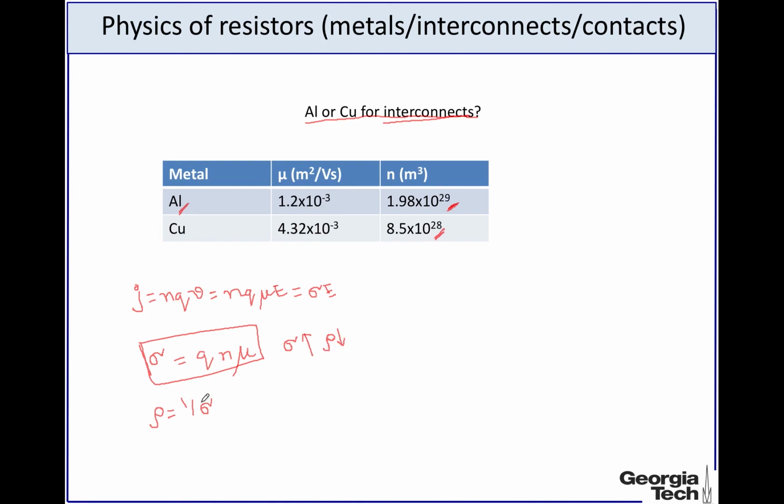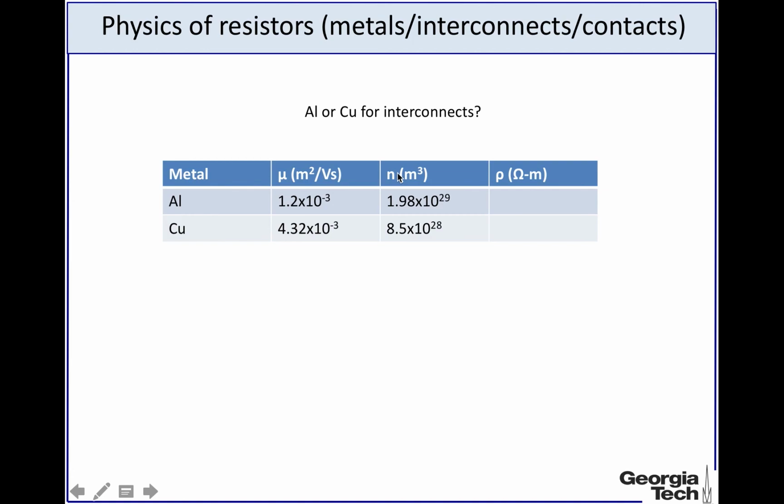Alright, so we can simply calculate the conductivity or the resistivity based on the mobility and the carrier density. This is what we have done, and what you can see is that although aluminum has a higher carrier density compared to copper, the mobility of the electrons in aluminum is actually 3 times lower than that in copper.